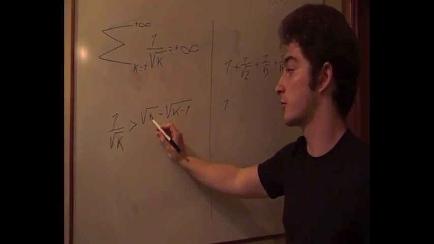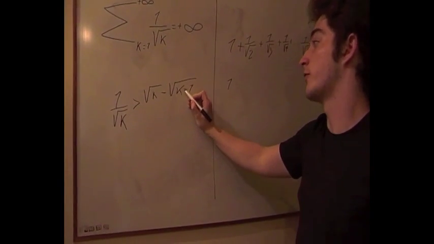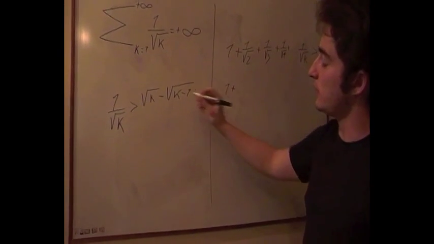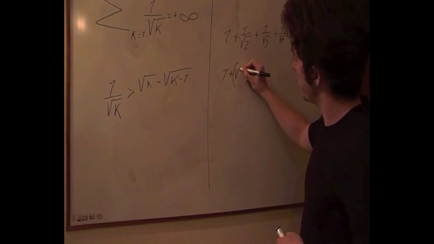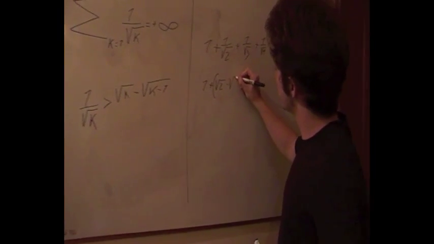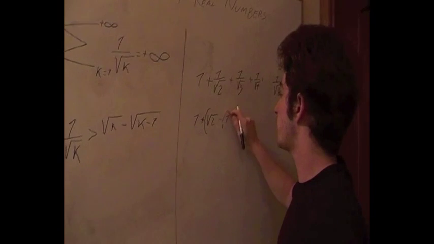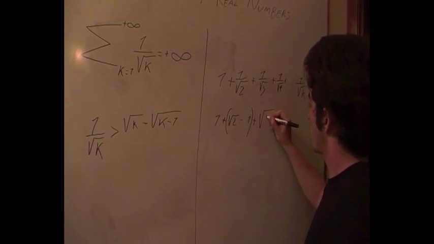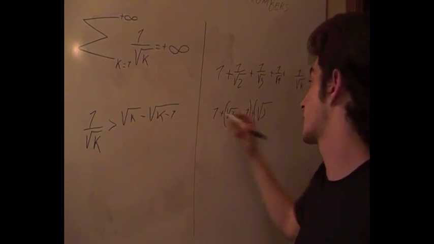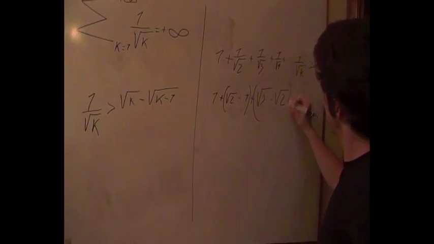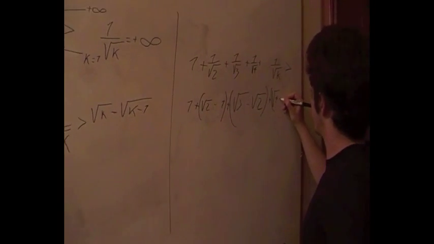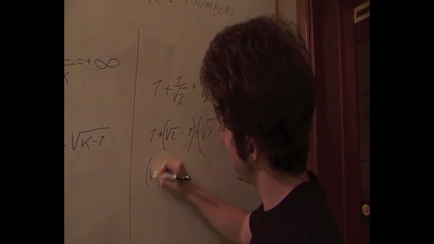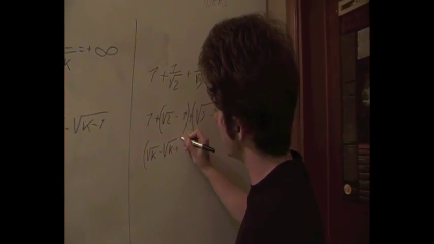It will be root of 1 minus root of 0, which is 0, plus root of 2 minus root of 1, which is actually 1, plus root of 3 minus root of 2, plus root of 4 minus the root of 3, plus so on, till the root of k minus the root of k minus 1.